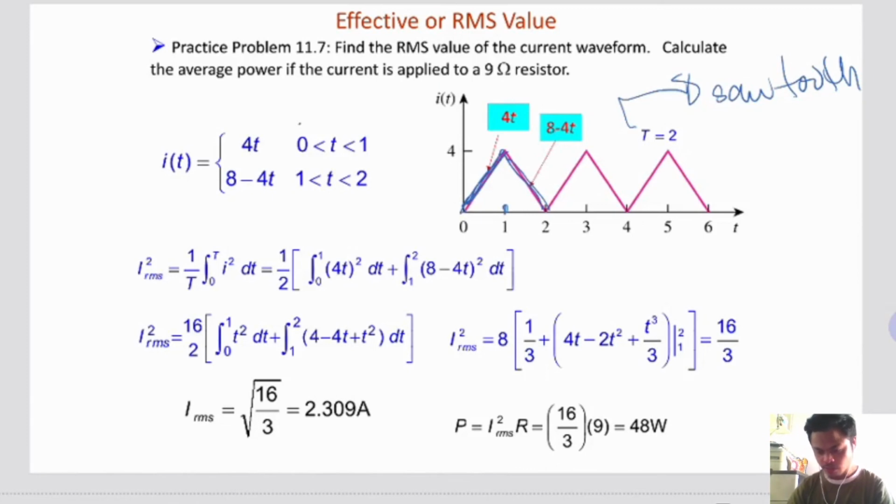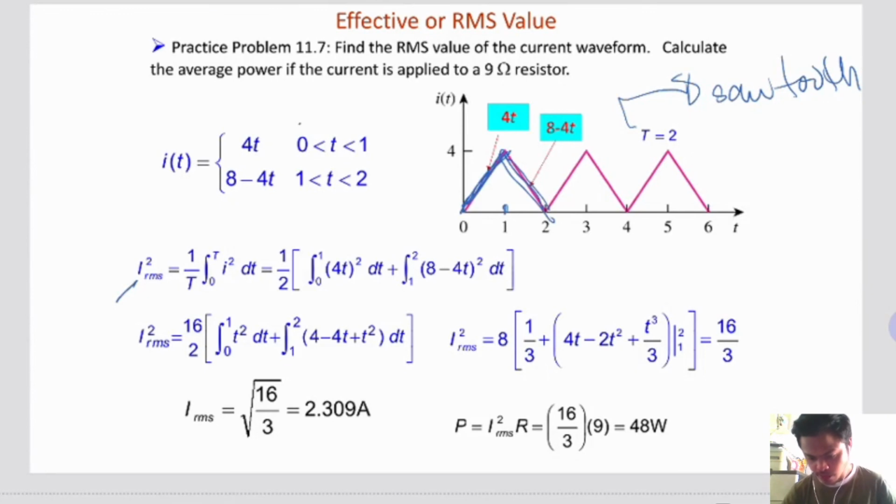To determine the effective or RMS value, or the average power, we need to determine IRMS, which can be computed as the function from 0 to 1 plus the function from 1 to 2.